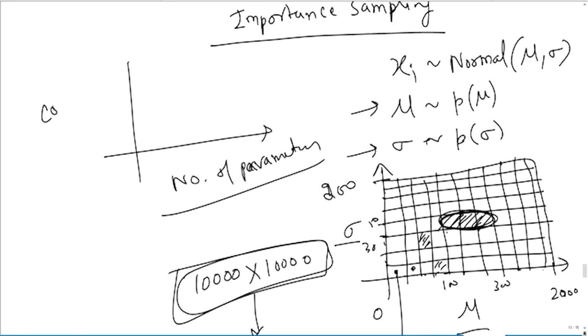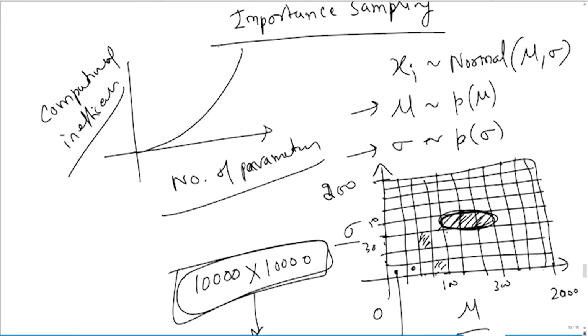So the computational inefficiency, or the computational cost, of applying this grid approximation approach will increase exponentially as the number of parameters increases. What it means is that this approach cannot work when you have 2 or more parameters. This approach can work only for very simple models.